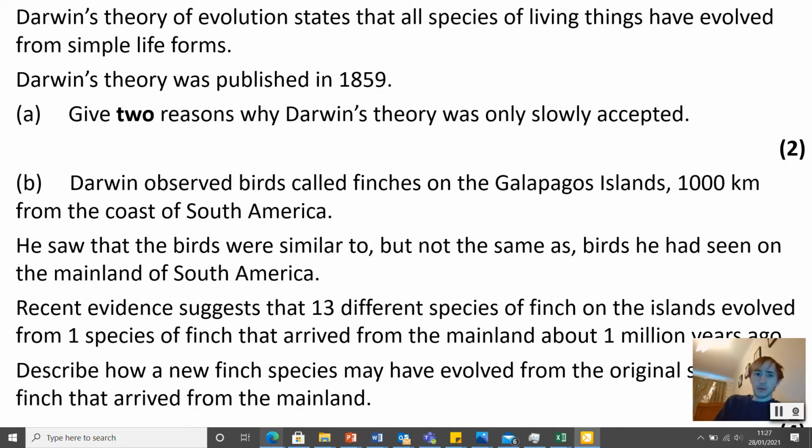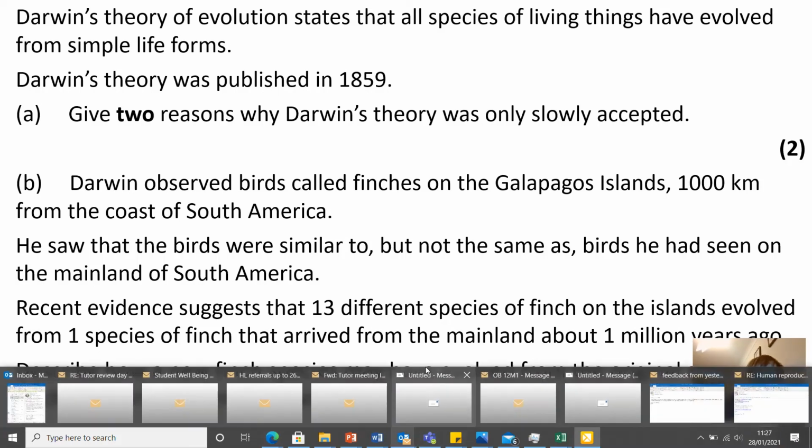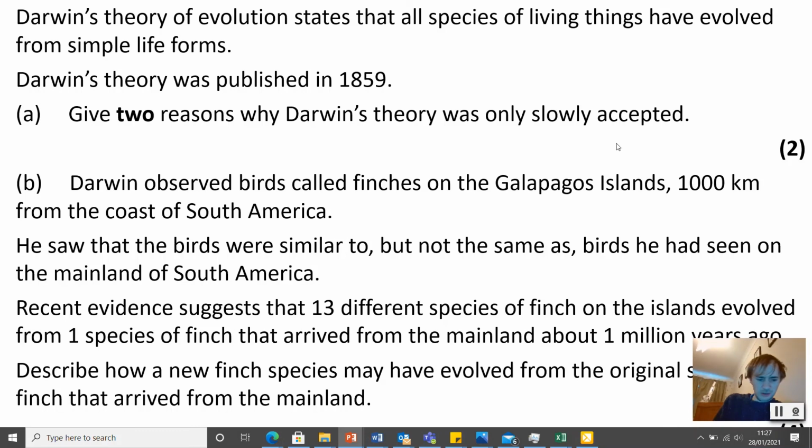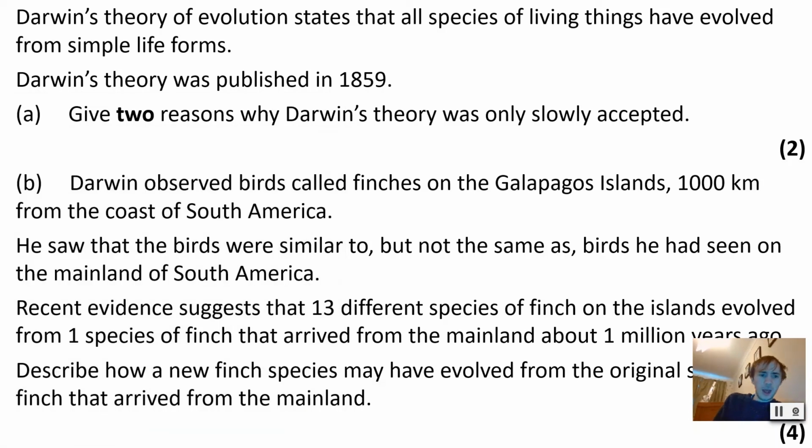So we're talking about Darwin's finches, and then we're talking about why was Darwin not accepted. Now for some reason my start bar is there, I'll try and get rid of that for you. There we go. 6 marks here. Let me just remove my face entirely because I think it's getting in the way of the question. There we are. 6 marks. Give yourself 6 minutes. Can you pause me and have a go at this question, please?